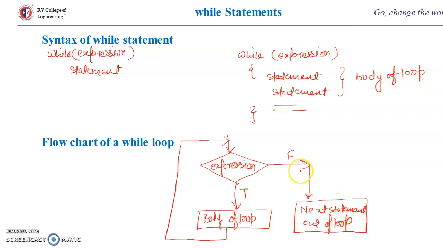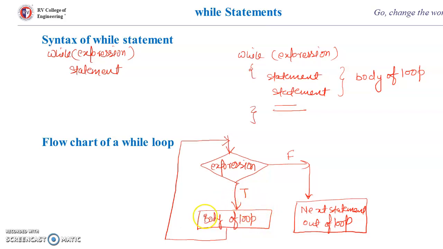Here, first this expression is evaluated, and if it is true then the statements inside the body of the loop are executed. After the execution, again this expression is evaluated, and if it is found to be true again the statements in the body of the loop are executed.